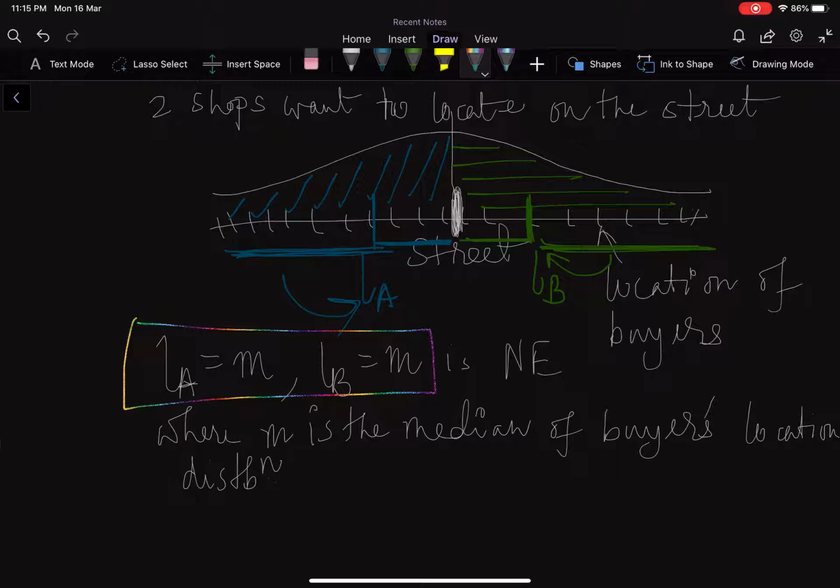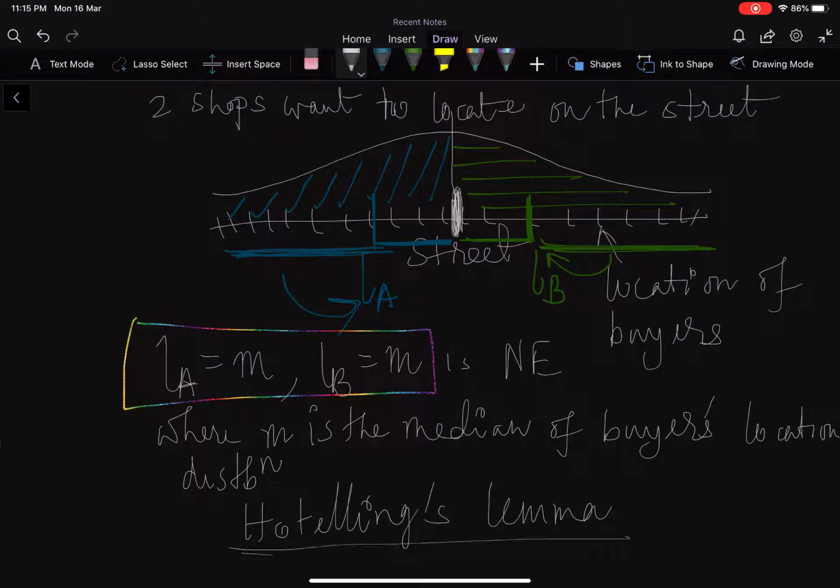This specific firm location model was the insight of an economist called Hotelling, and that's why this result is called Hotelling's lemma, the equivalent of Downs's median voter theorem. This constitutes one class of interesting models where game theory can be applied to understand real life phenomena like the behavior of politicians or firms.